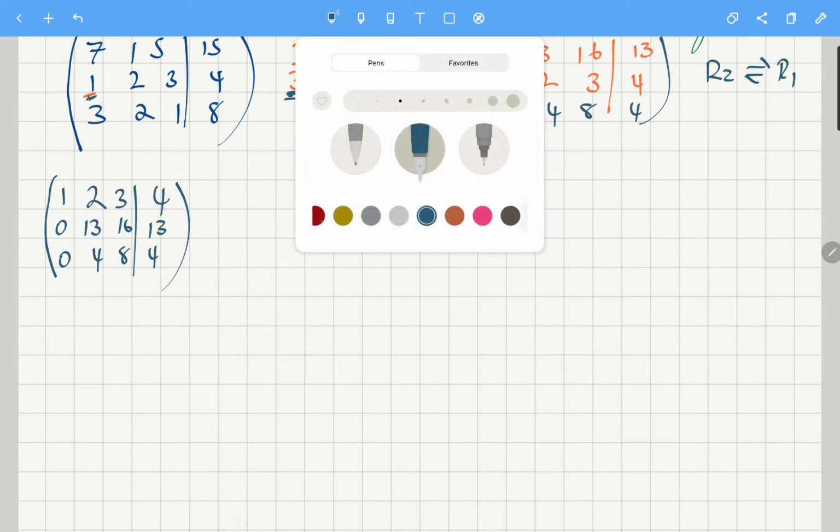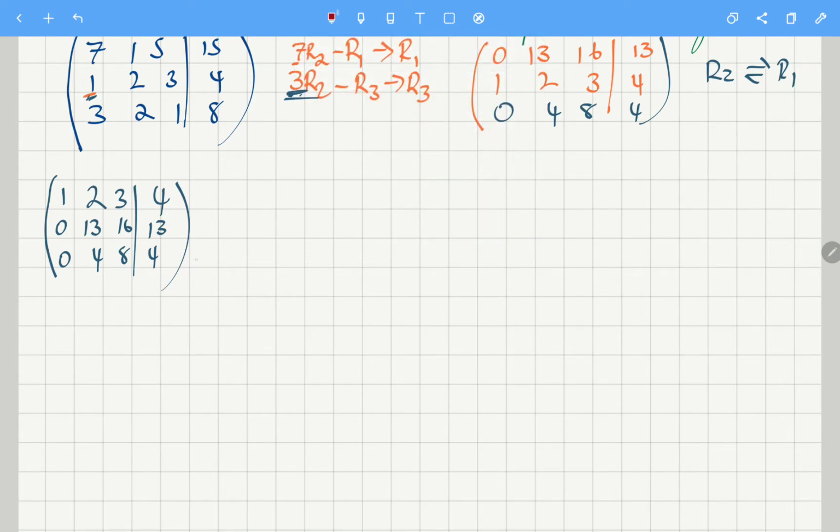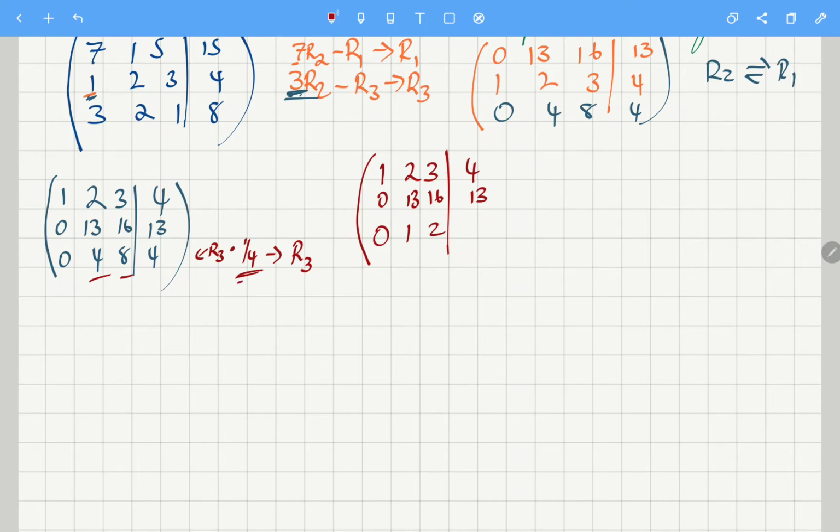Right, and then I'm going to multiply my row 3 times a quarter to become my new row 3. Everything else stays the same. A quarter times 4 is 1, a quarter times 8 is 2, a quarter times another 4 becomes 1.